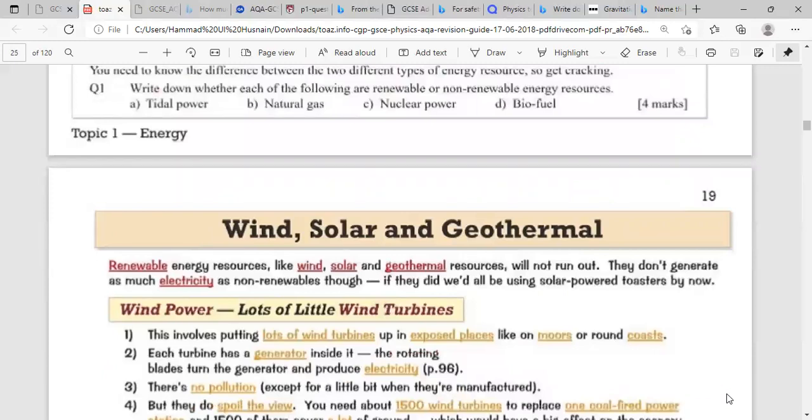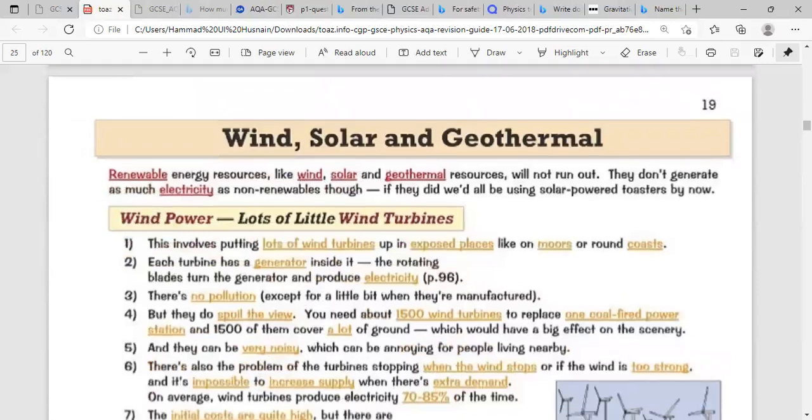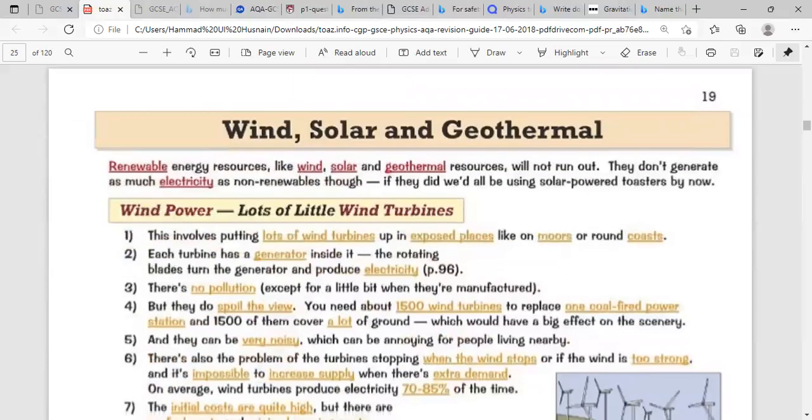Okay. So, moving forward, there are some other energy sources. The wind, we can use the wind energy. You know that there are some windmills you have seen on the internet or on television. They use the wind energy in order to produce electricity.